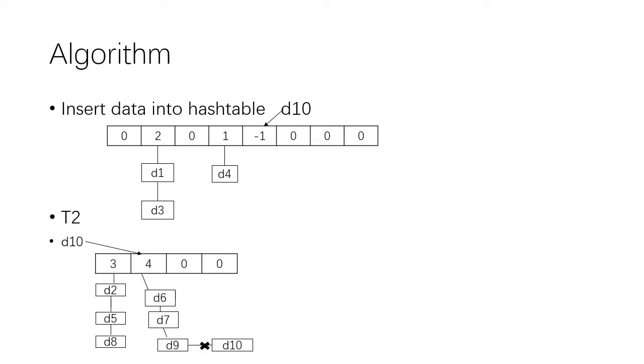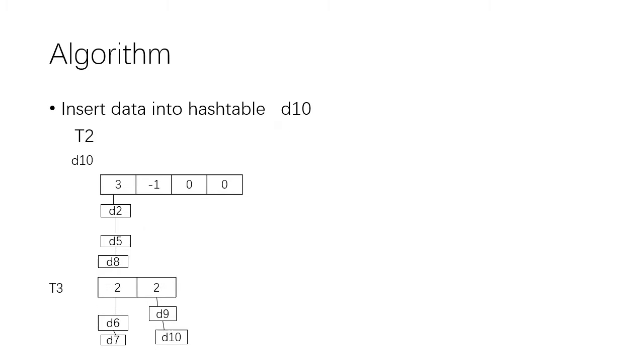Assume that D10 is mapped to index 1 of T2. Now, we cannot insert it here because we now have 4 items in index 1. So we have to construct a T3. Recursively doing that as we did for T1 and T2. So now we have T3.